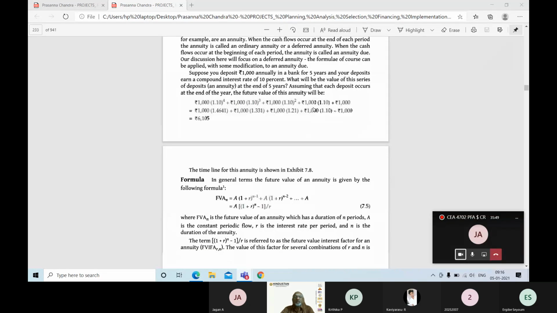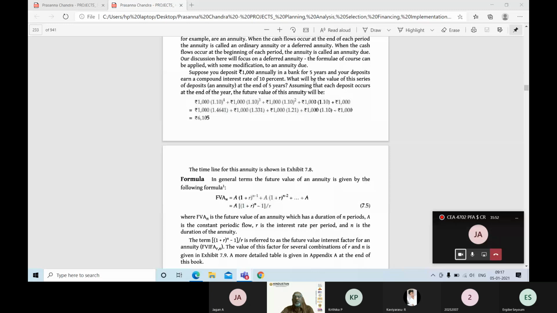Suppose you deposit 1,000 annually in a bank for 5 years and your deposit earns a compound interest rate of 10%. What will be the value of this series of deposits, the annuity, at the end of 5 years? Assuming that each deposit occurs at the end of the year, the future value of the annuity will be 1,000 into 1.1 to the power 4 plus 1,000 into 1.1 to the power 3 plus 1,000 into 1.1 to the power 2 plus 1,000 into 1.10 plus 1,000, the last value.